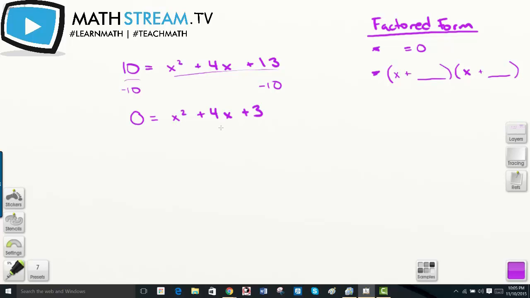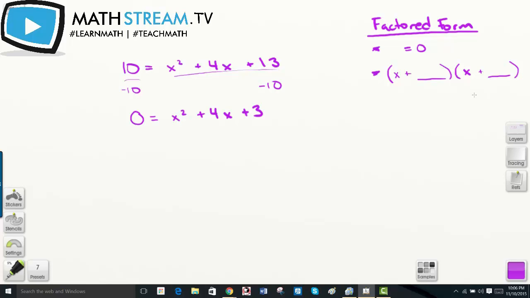If somebody wants to call me Mrs. 9 or if they want to call me Kristen, both are true ways of expressing who I am. In the same way, right here, I have the expression shown using standard form where it's all written out. And over here, I'm looking to express the exact same expression, but said a different way, with factored form. But of course, the big question is, how do I do that?